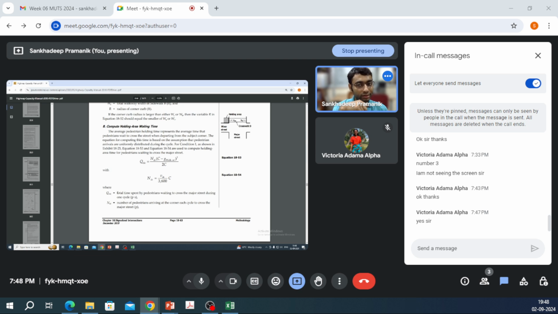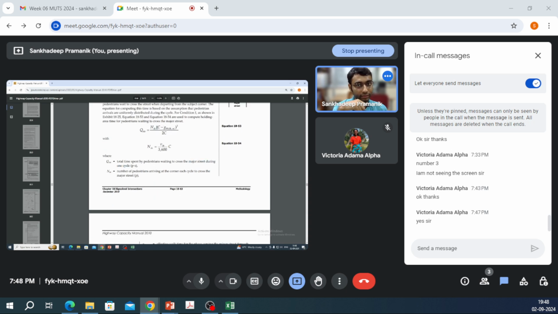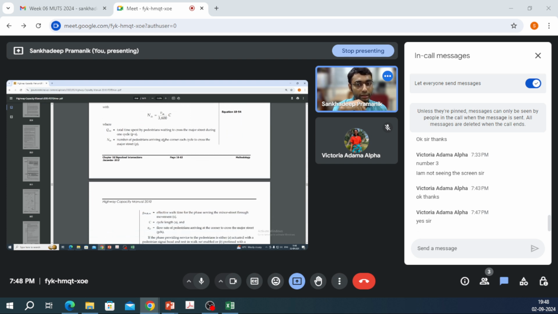Q is the total time spent by the pedestrian waiting to cross the major street during one cycle. So he has to cross the major street, and this C is the cycle time, and G is the effective walking time for the phase serving the minor street through movement. That is basically the green time of the minor phase.